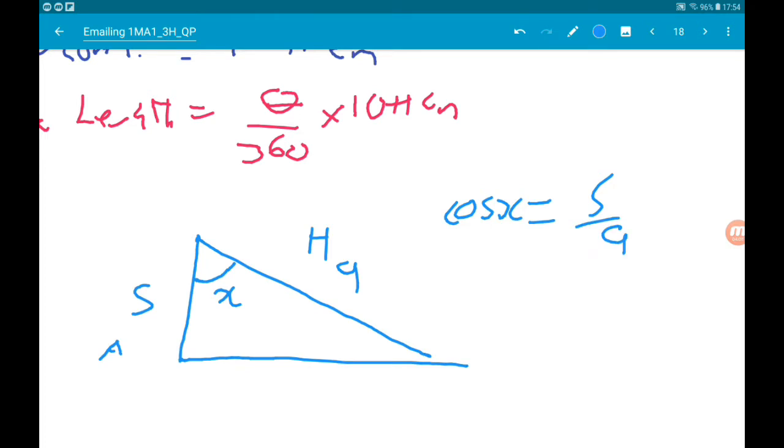So X is the inverse cos of 5/9, which gives us 56.3 degrees.